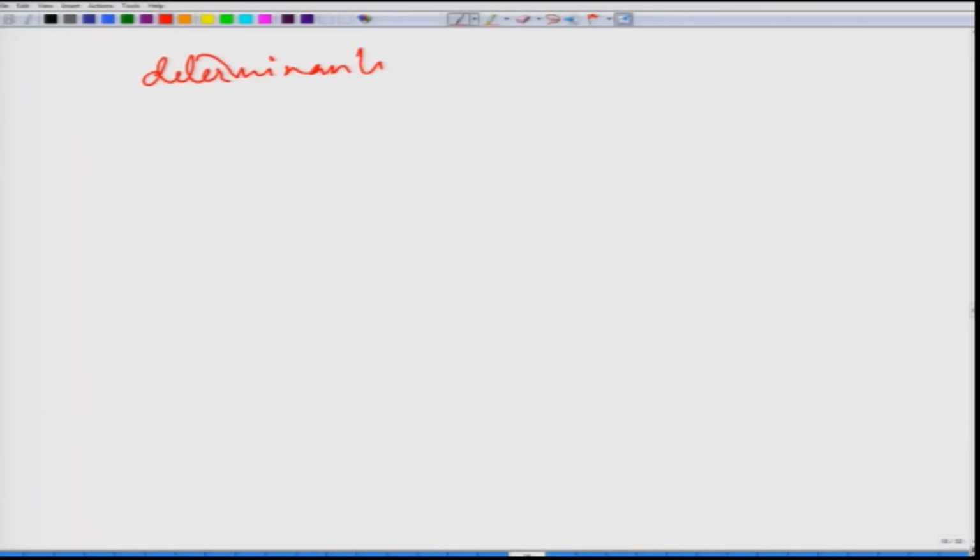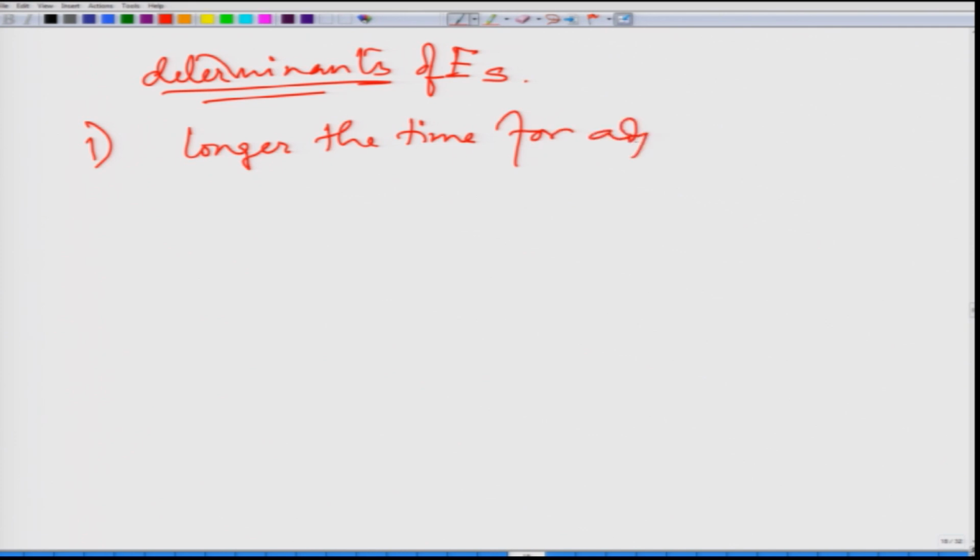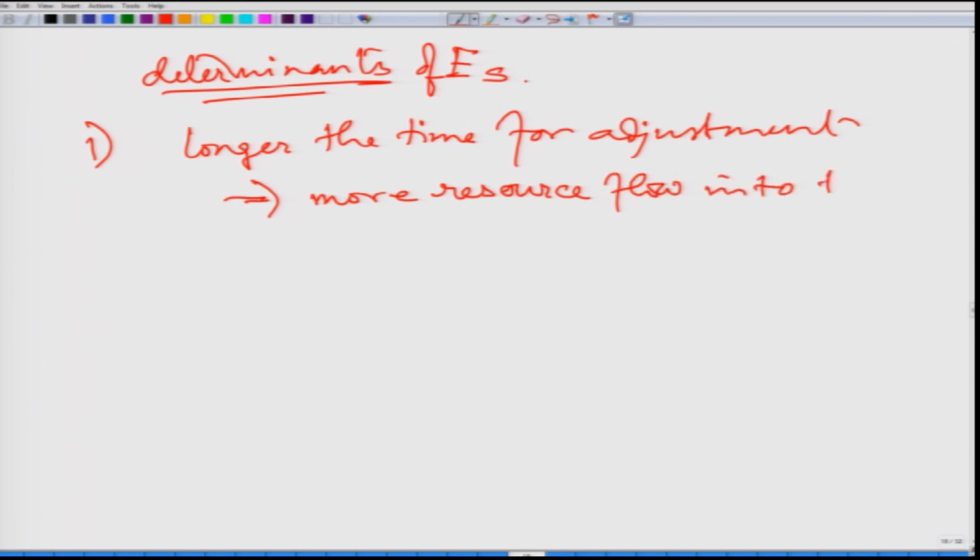In terms of the determinants of price elasticity of supply, one is that the longer the time for adjustment, the more resource flow can go into that industry or the plant, and hence an industry expands with the existing number of firms. So with longer time, the elasticity generally comes down.